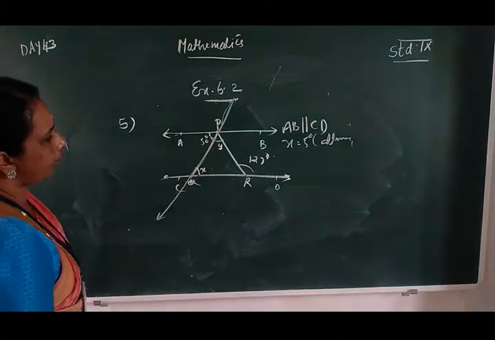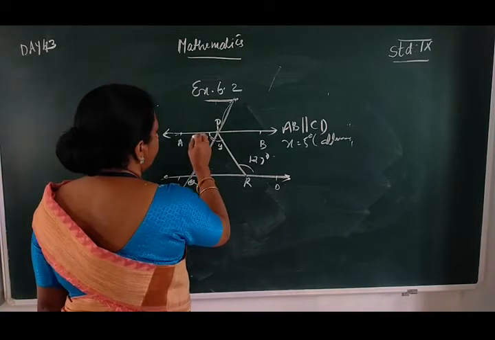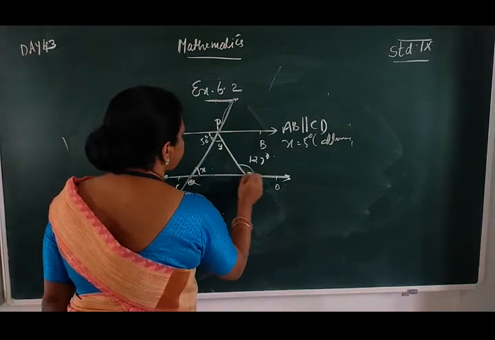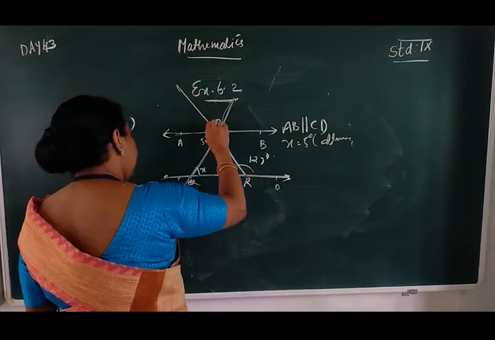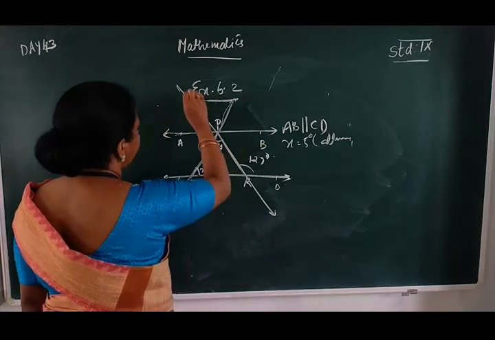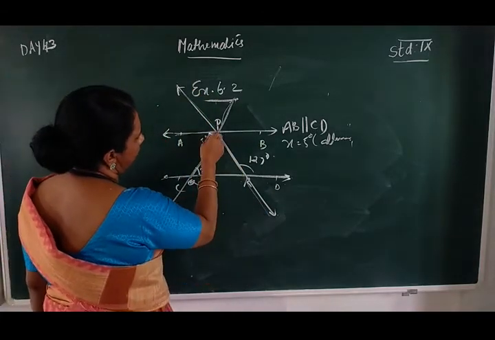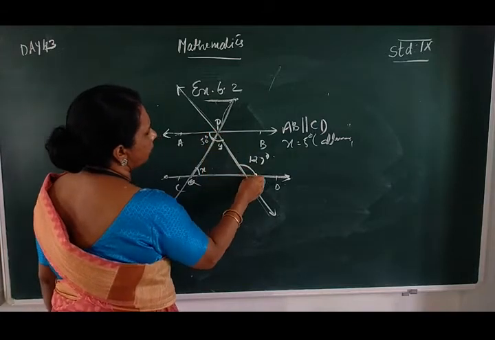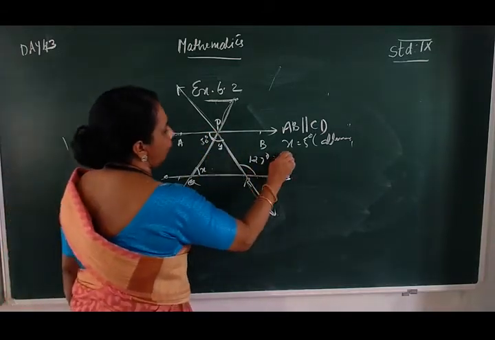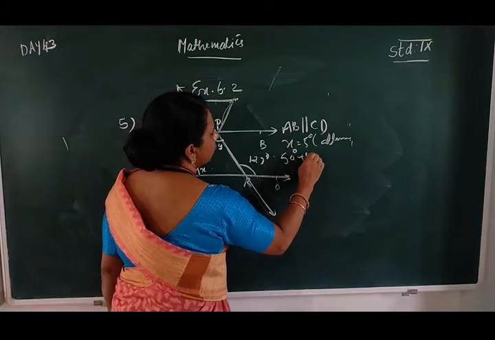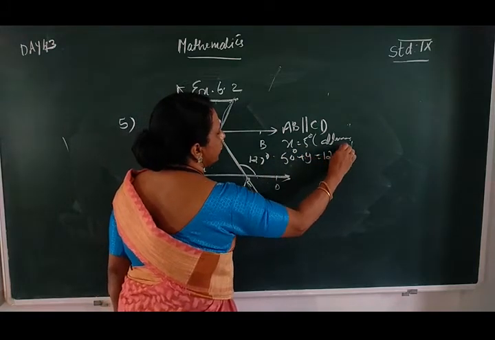Then we want to find y. Listen, AB is parallel to CD and PR is the transversal. Then we know these two are alternate interior angles. That is, 50 degrees plus y is equal to 127.